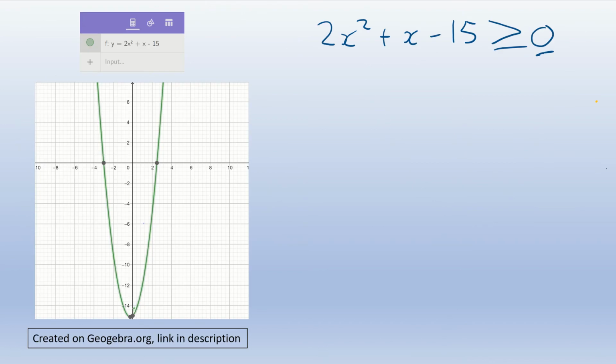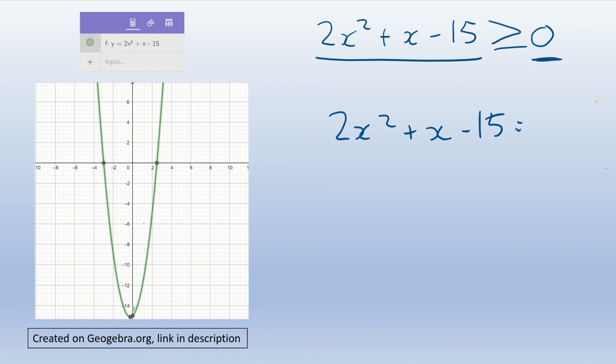So we now know what our quadratic looks like, but we want to find out specifically where that quadratic is greater than or equal to 0. Now you might ask, what is that 0 talking about? If we think about this quadratic as a functions question, like 2x squared plus x minus 15 is equal to f of x, you might have seen it written like that.